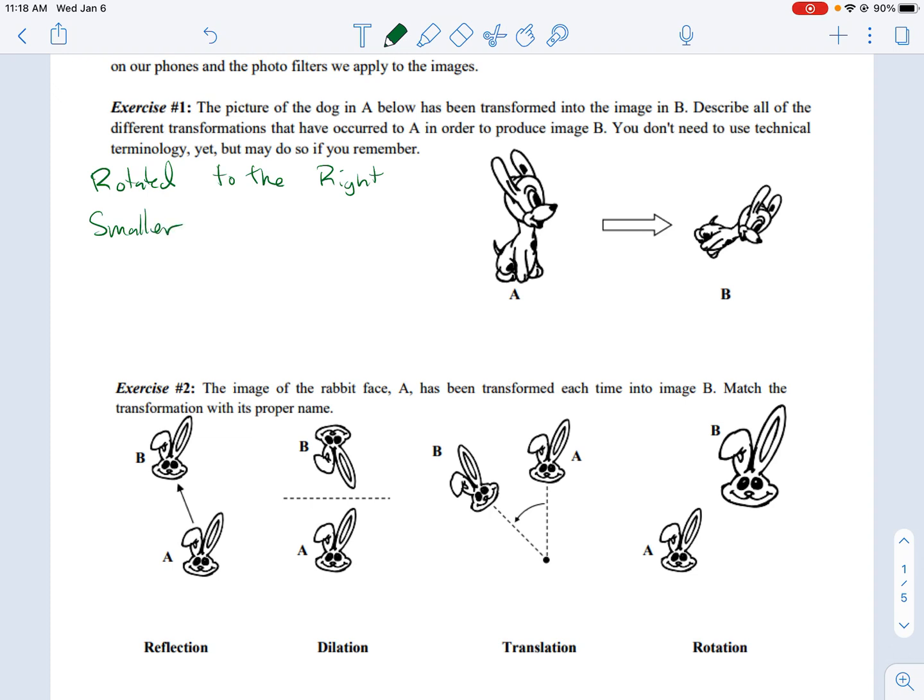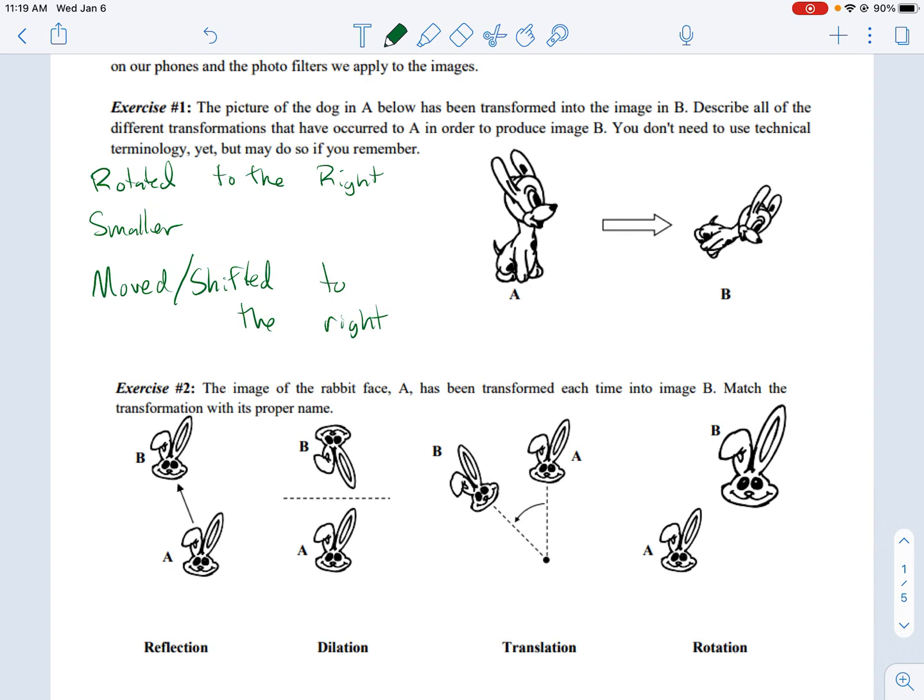And then finally, this last one might not be so obvious, but the dog's not in the same position. It actually got moved, or shifted, to the right. So it was rotated a bit, it was shrunk, and then it was shifted or moved to the right. And that's how we got that image of B.